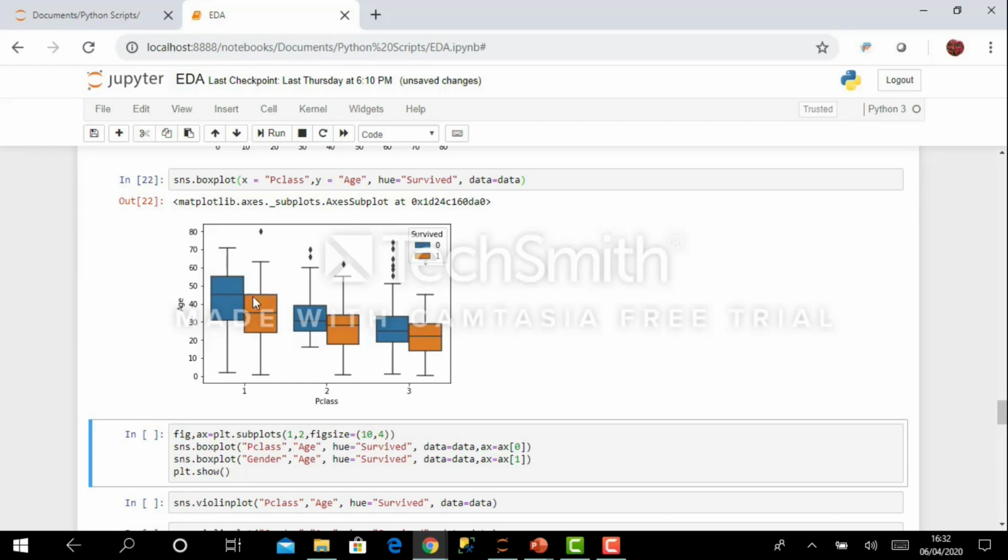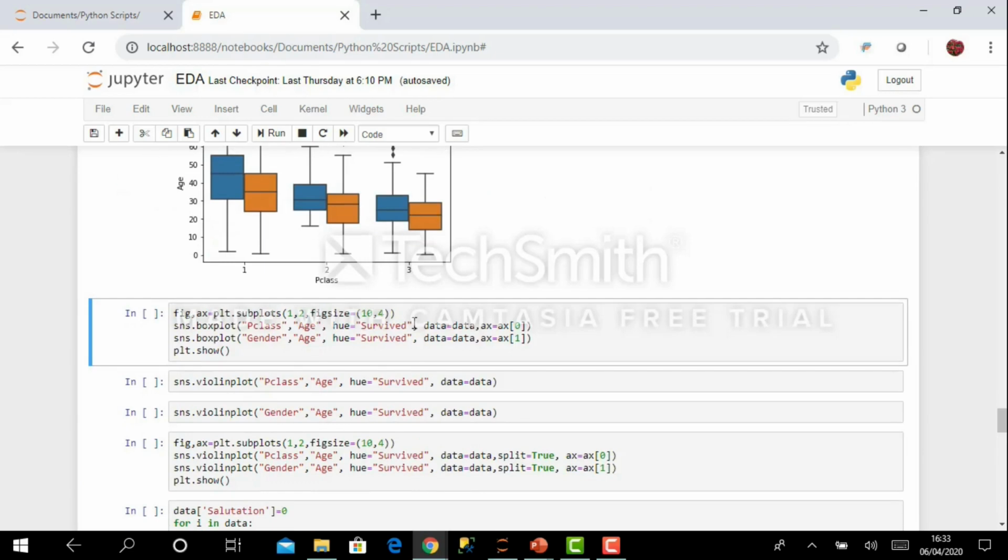For the second class and third class passengers, this is the age range of those who did not survive. So you can understand in which age range most of the people survived or did not survive.